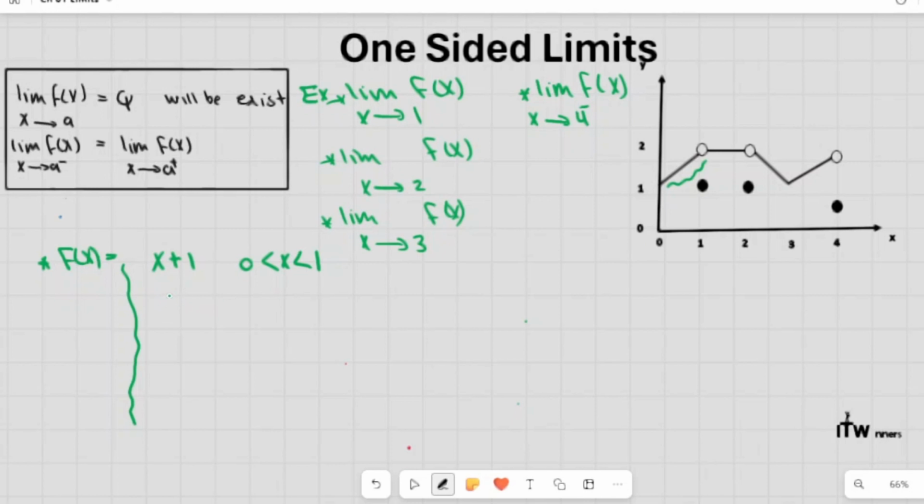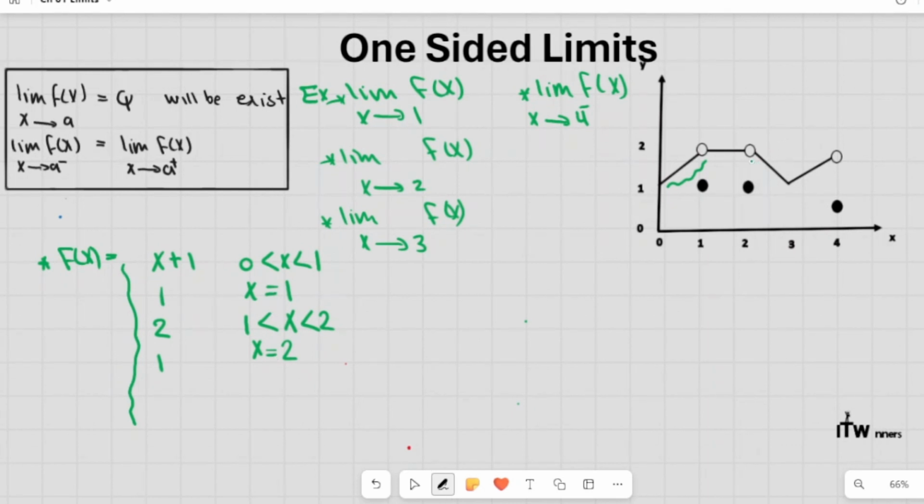Okay, and here f of x equals 1 when x equals 1. Here f of x equals 2 when x is between 1 and 2, and f of x equals 1 when x equals 2.